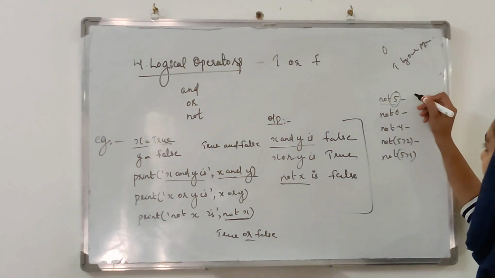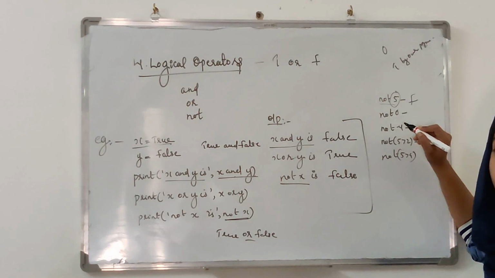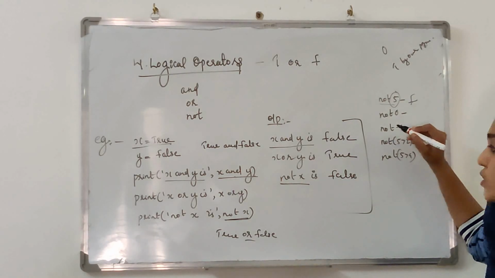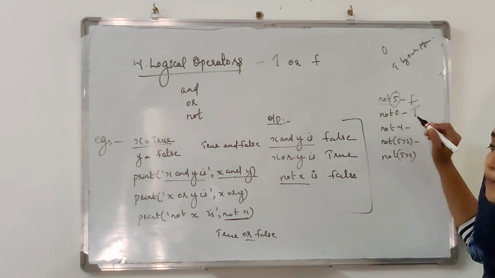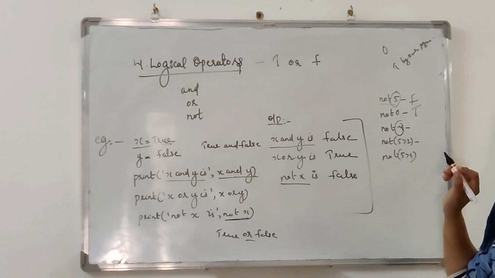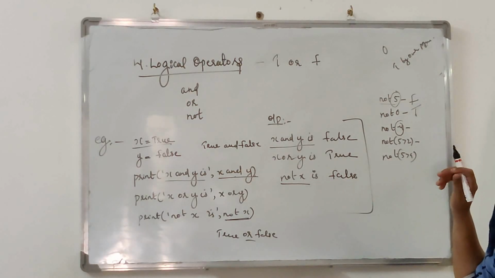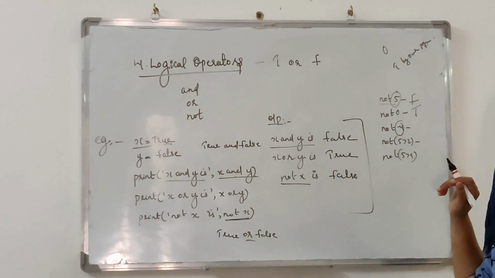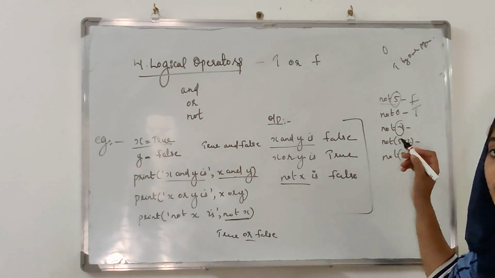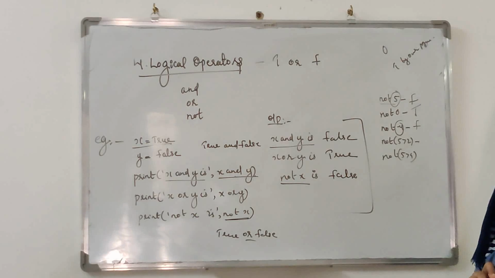Then not 5 means the output will be false. Not 0 means 0 will be taken as false value. So not 0 means our output will be true. Not minus 4. So only 0 value will be taken by the program as false and all other values will be taken by the program as true. So minus 4 means it is also true. So not minus 4 means our output will be false.